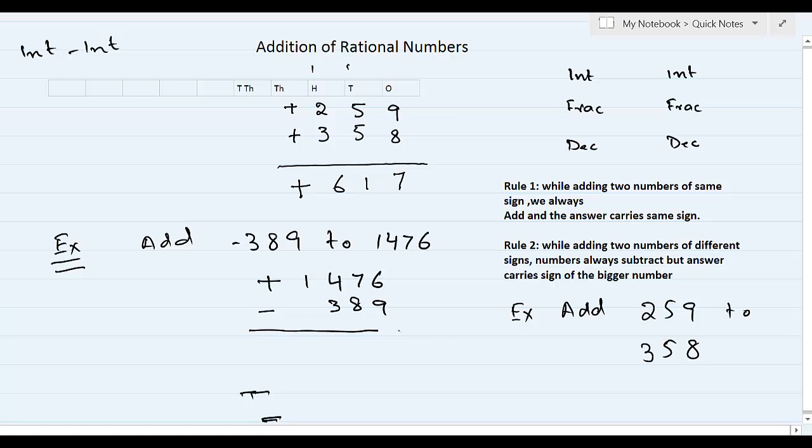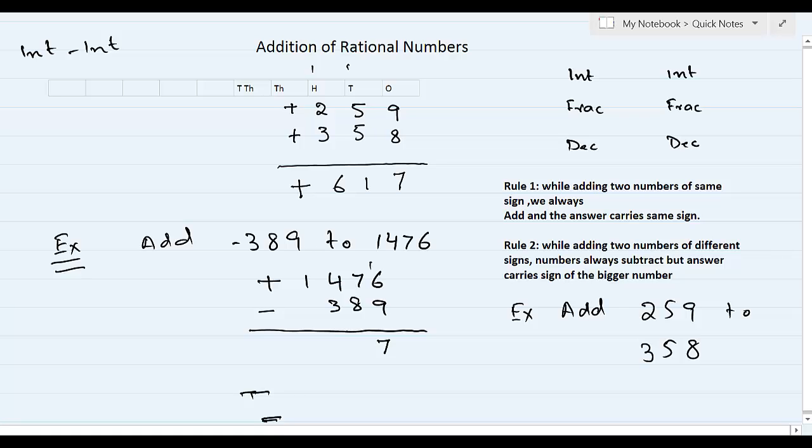Now because these two numbers have opposite signs, definitely they have to be subtracted. So the answer will carry the sign of the bigger number, which is 1476. Of course, the answer will have a positive sign, but let's take away 9 from 6. But as 6 is smaller, we borrow 1 from 7 and make it 16. 16 take away 9 will be 7.